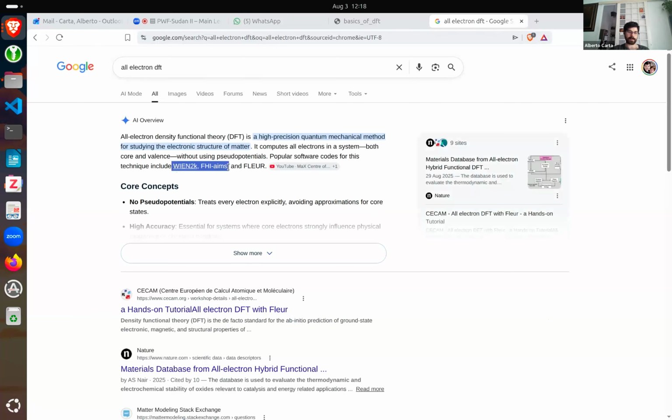These are the ones that I know the most. They are much more expensive, but they don't use pseudopotentials. So if you're really interested in core electron properties, for example core electron spectroscopy, Auger, this kind of stuff, then you really need to look at Wien2k, FHI-aims, this all electron stuff.